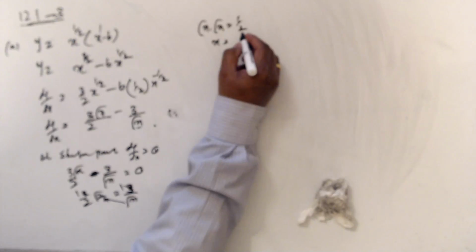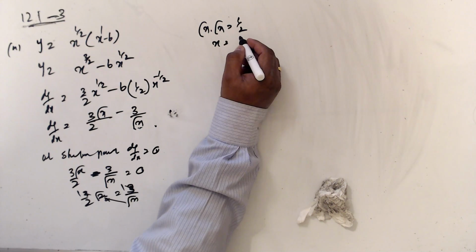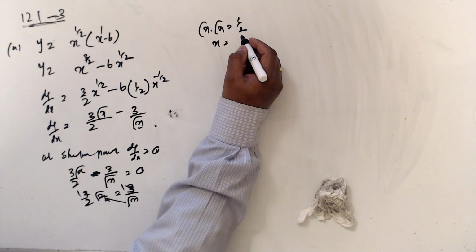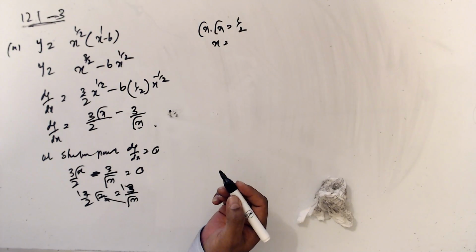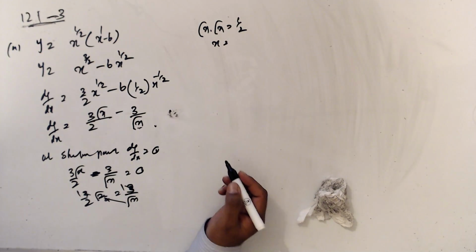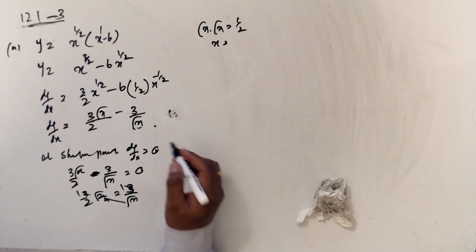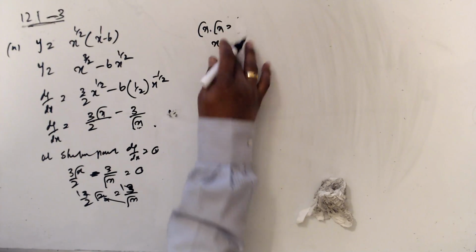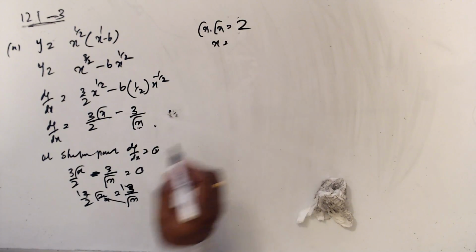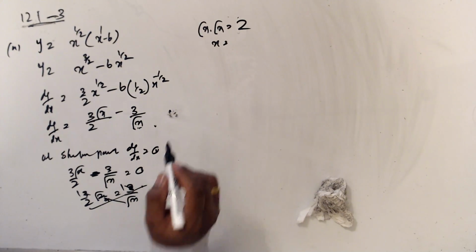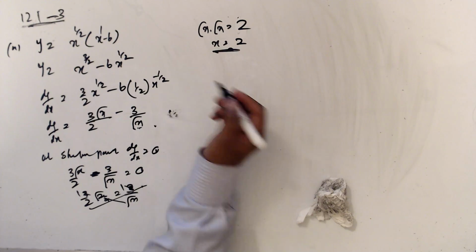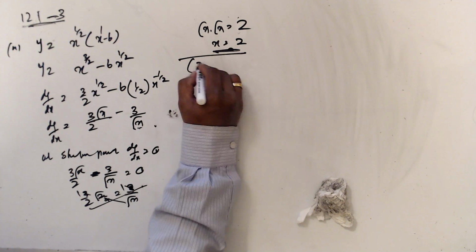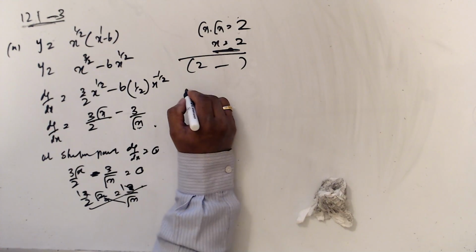So x is going to be 2, so x equals 2. We'll find the y value now.